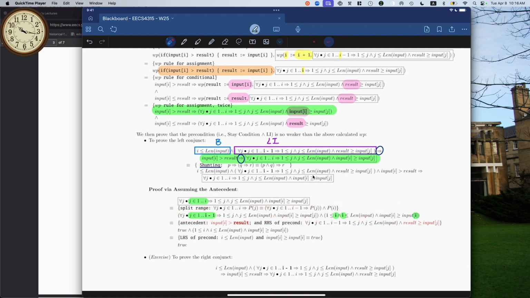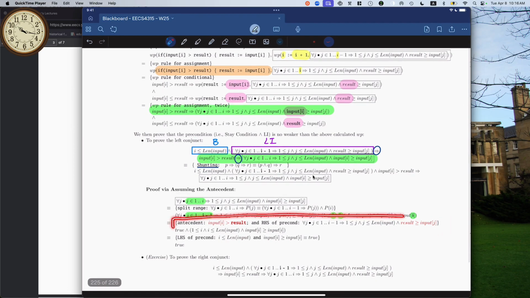Then this part over here is something that you have to convince yourself of. We are basically using different parts of the antecedents that we assumed. So let's see where they are. This part over here is input I larger than result, which is right here. Give me one moment.